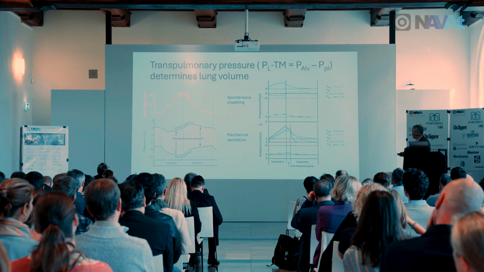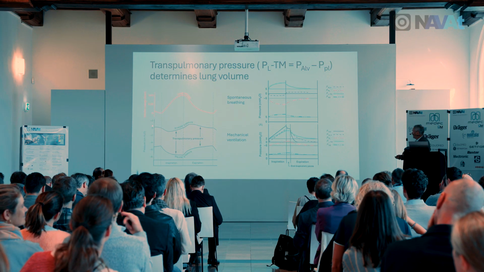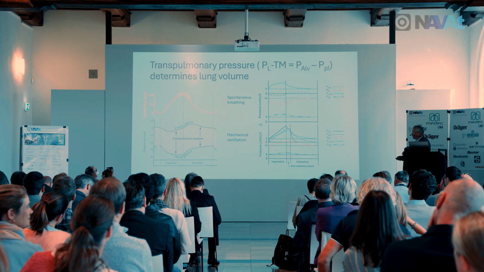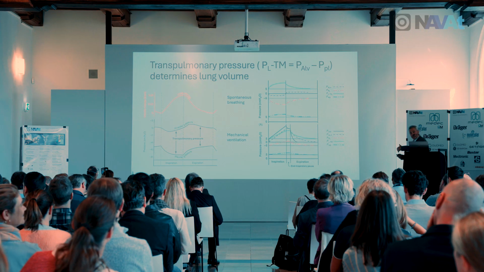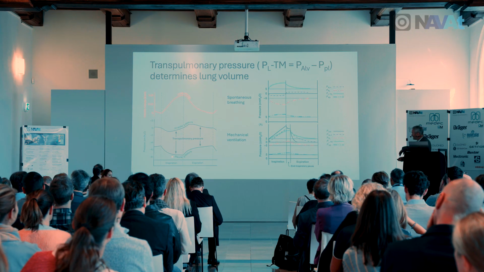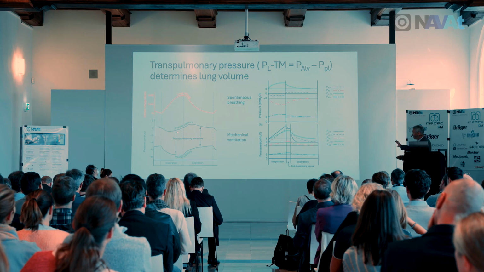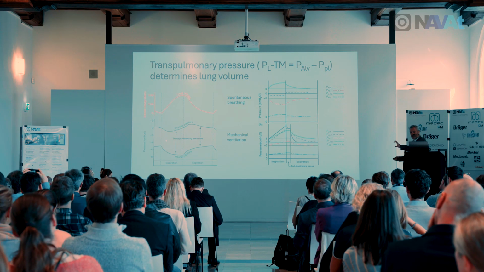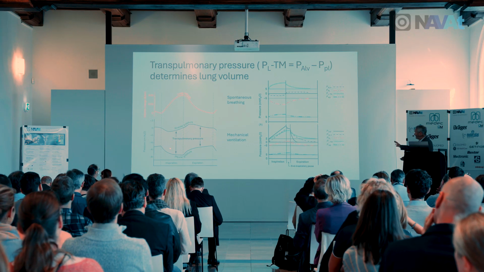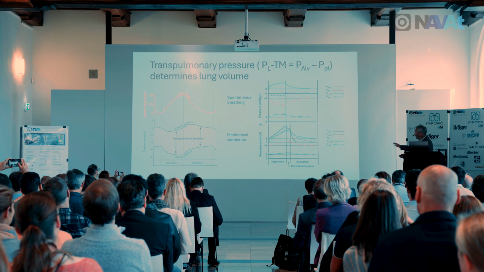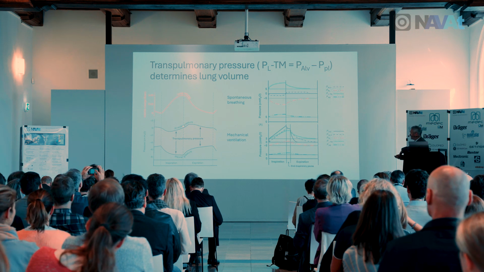So if we inhale, our lung volume increases, our pleural pressure, because the lung cavity increases, becomes even more negative, and that means our transpulmonary pressure, the transmural gradient across the lungs, which we can only estimate or measure with an intrapleural pressure measurement, is at its maximum when the cavity is at maximum volume, that is at maximum inspiration.